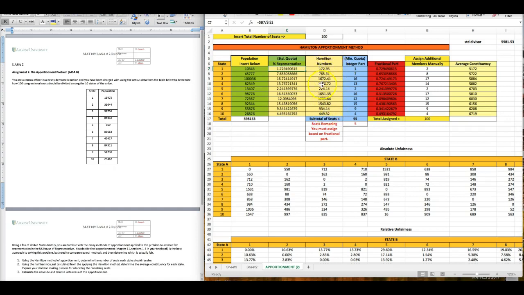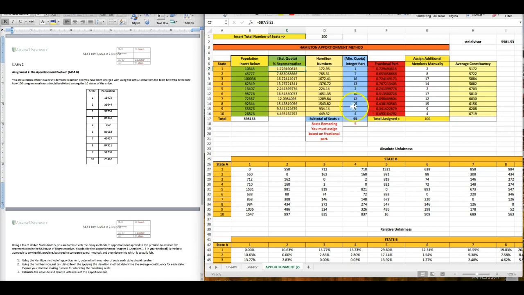So if we take the whole part and fractional part and separate those, then we know that each state has a minimum number of representatives.